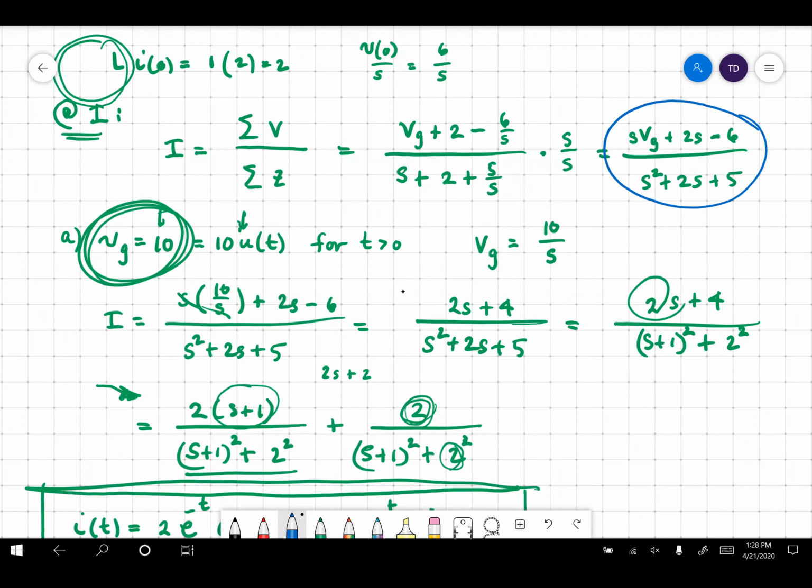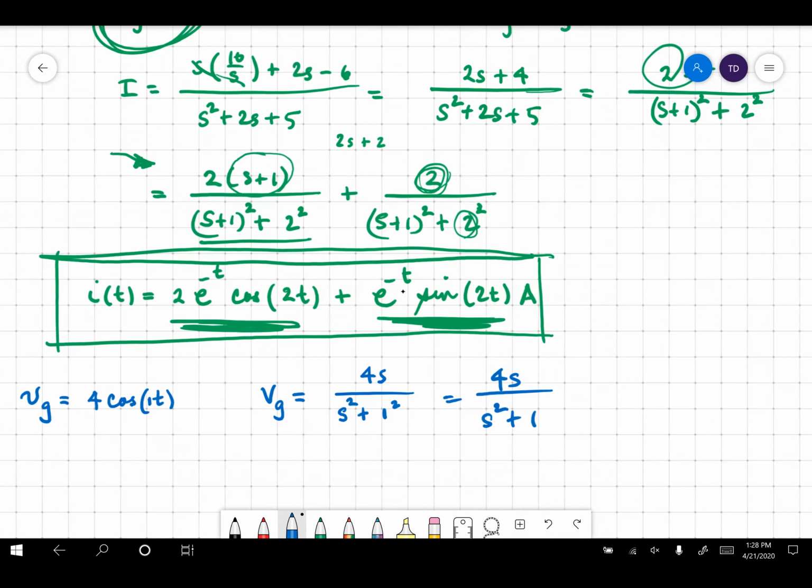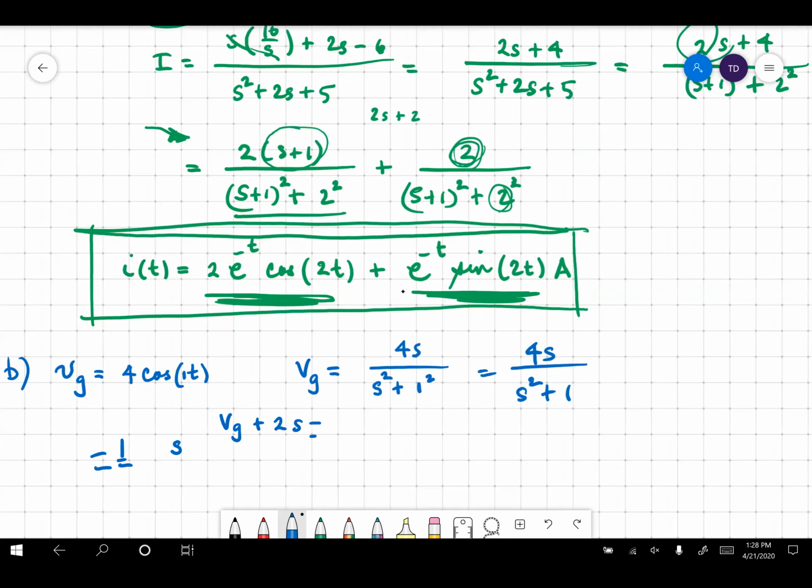I equals S VG plus 2S minus 6, divided by S squared plus 2S plus 5.